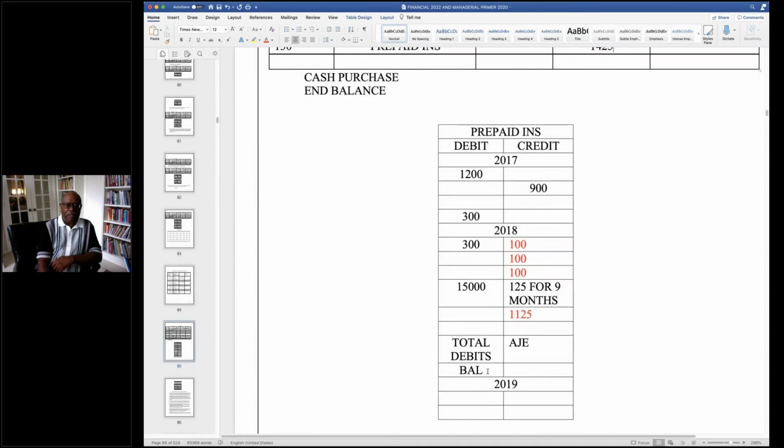So how much are we going to have in the account now at the end of 2018? How much are you going to be carrying over to 2019? 375. Yeah, 375.